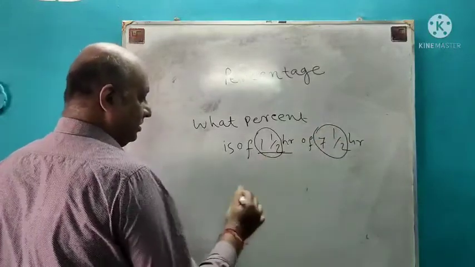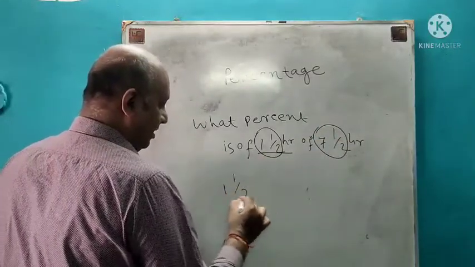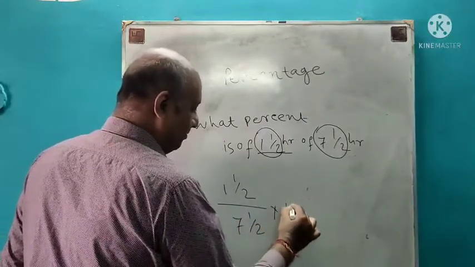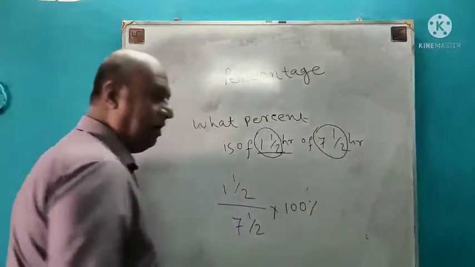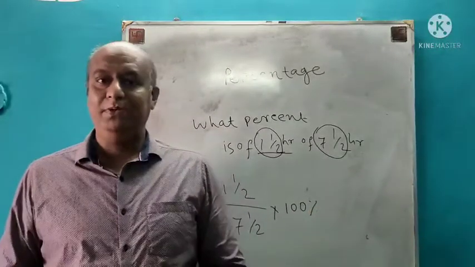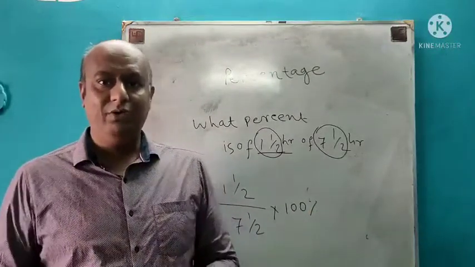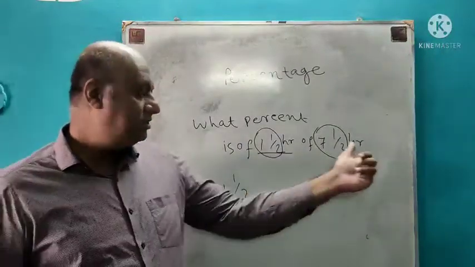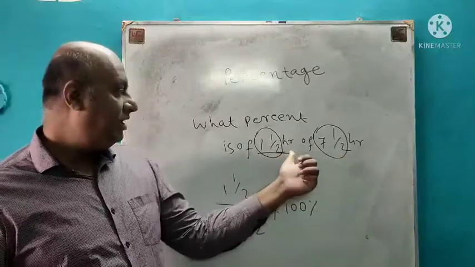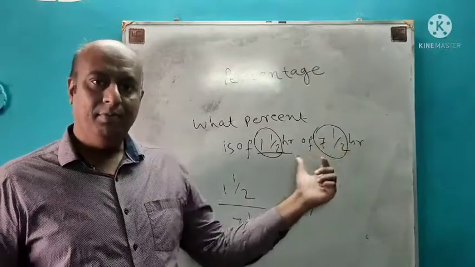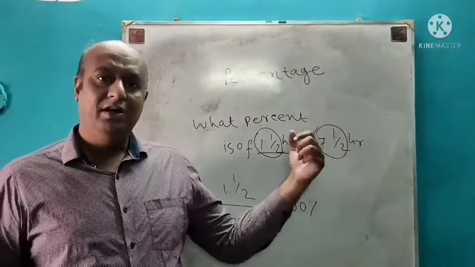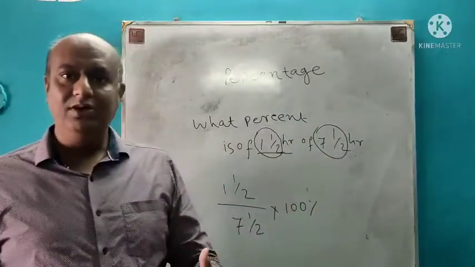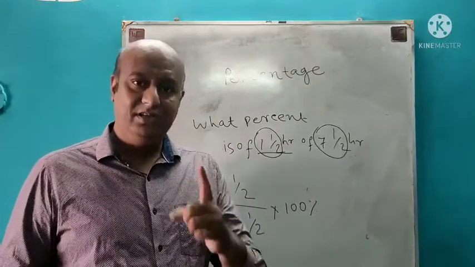So this goes in the numerator: 1.5 by 7.5 into 100%. One thing you have to remember very specifically: when we are calculating the percentage of a number of some other number, the units must be the same. Like here we have hour and hour. Both the quantities are denoted in hours. So this unit has to be the same. If the units are different, we have to convert to a single unit.